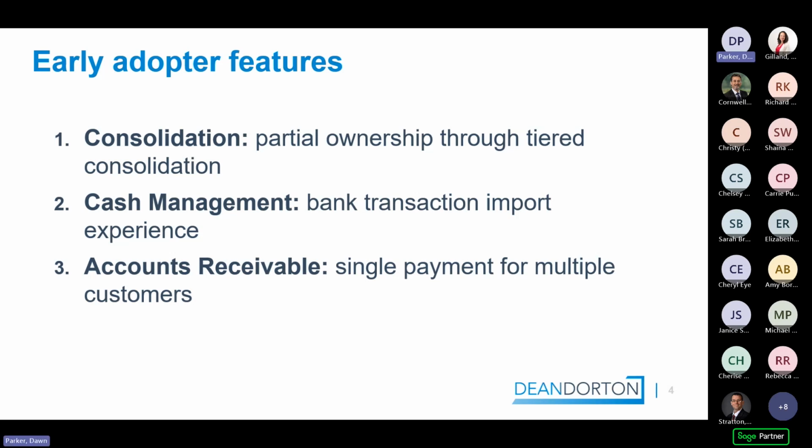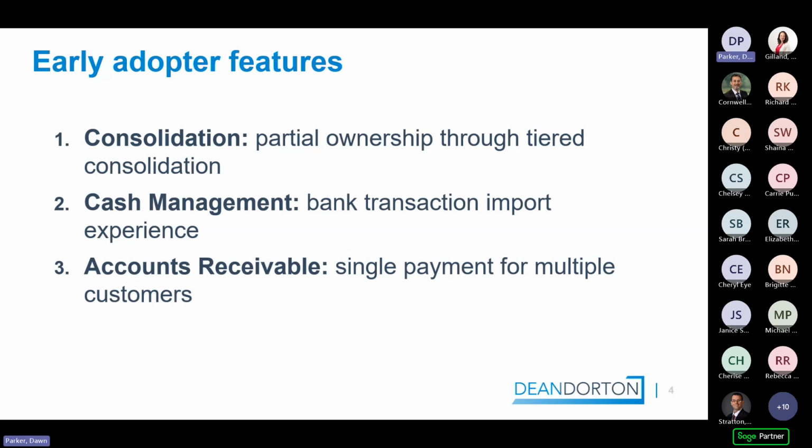The first one is consolidation. If you have the global consolidation subscription, consolidation now will handle partial ownership through some tiered consolidation features. And that, again, is an early adopter. So please let us know if you have the global consolidation subscription and would like to take advantage of that.